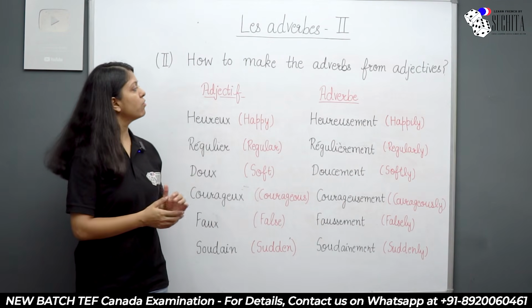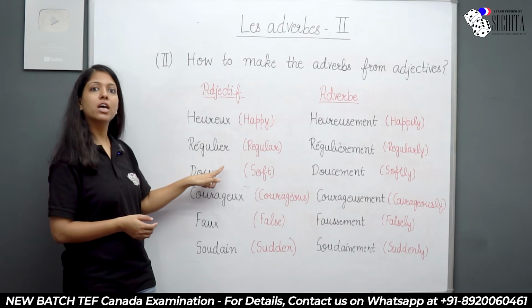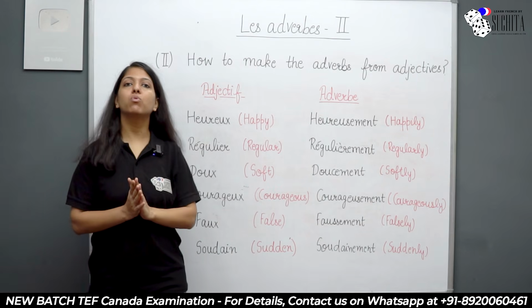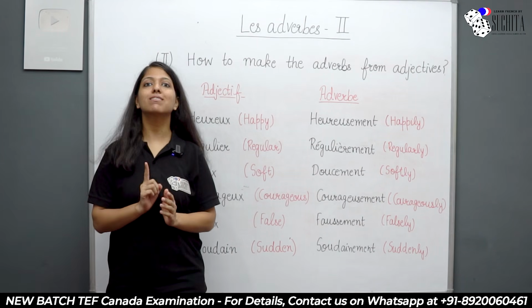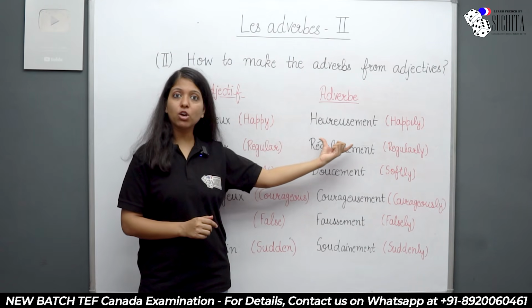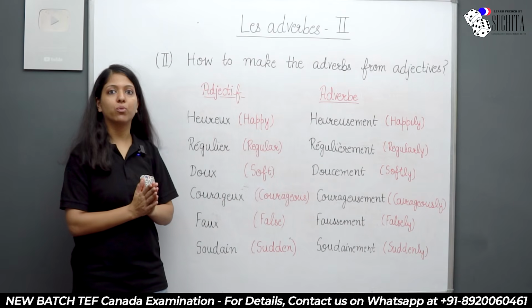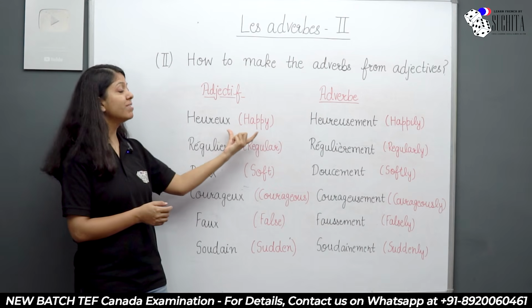Now let's look at some adjectives, all of which end with consonants. None of them is ending with a vowel. So what was the rule that I told you? If your adjective ends with a consonant, in that case you need to make the feminine of that adjective first, and then you add ment in order to make the adverb, right? So now, heureux, which means happy.